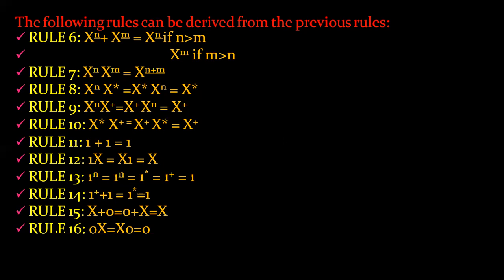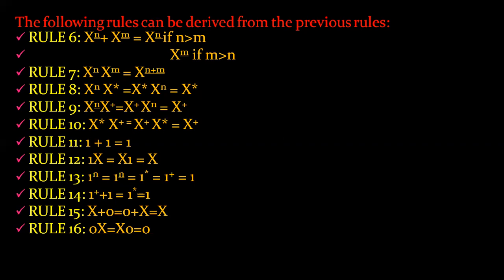So I hope you understood the first concepts. What is a path? What is a path product? What are path sums, path expressions, and the different mathematical laws, and how they hold for path products and path sums. We have discussed the distributive law, associative law, and commutative law.